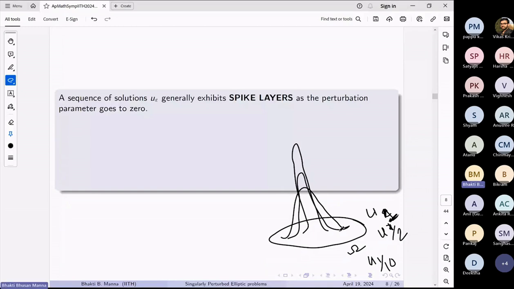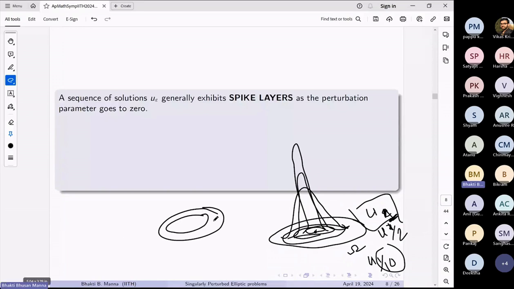What is happening here? Heuristically, this is the support of my u1, this is the support of my u2, and this is the support of my u10. So when this particular parameter goes to 0, the support is shrinking. Initially our support of the solution was this, in the next step maybe the support is this, and in the third step the support is smaller, and the solution lives only in the support at that particular level.